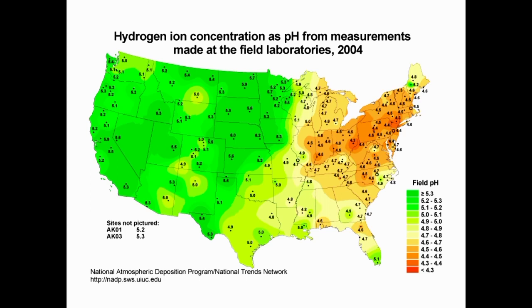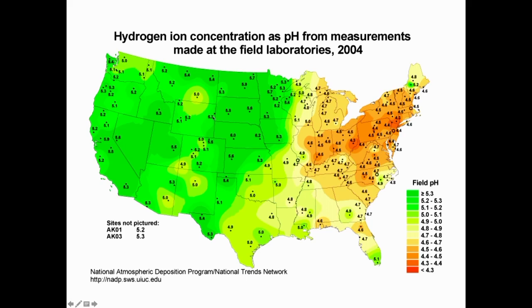So these are standardised. These are pHs measured under standard dilution conditions. But you can see here that the pH range across the US has gone from not quite neutral, so it's acidic at around pH 5, down to pHs of less than about 4.3.